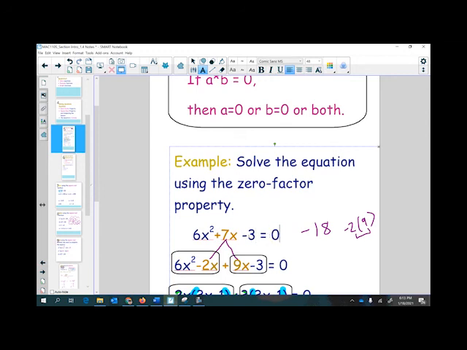Or at times you might not notice it because perhaps there could be something here like maybe a 5 and a -2, say over here. And some students will completely miss the fact that there's not a 0 on this side, and they'll just start trying to factor this portion of it, when really what you needed to do was first add 2 to both sides so that you could then proceed with the problem.